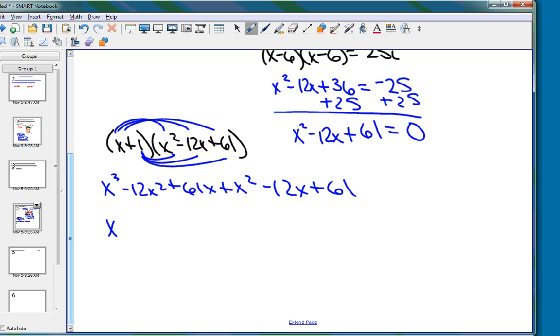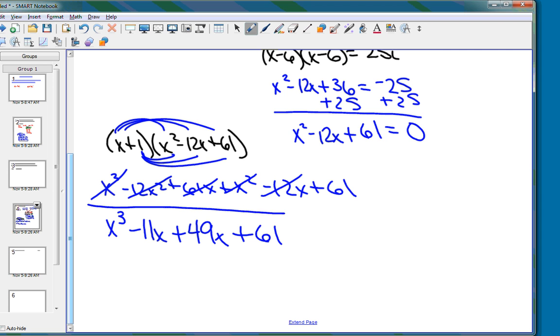Combining like terms, I get x cubed, that's done, negative 12x squared and 1x squared gives me negative 11x squared. 61x minus 12x gives me 49x, plus 61.